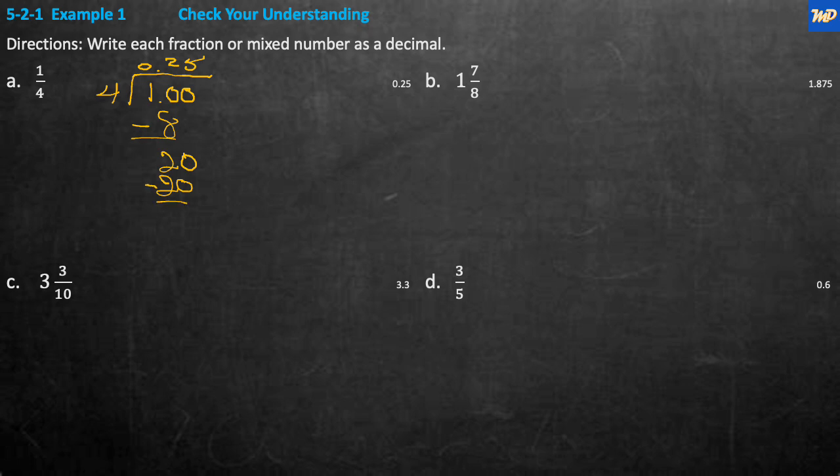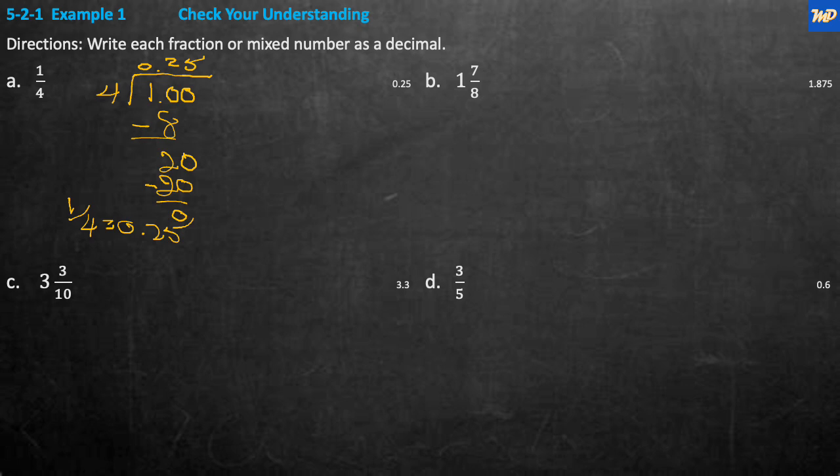We subtract the 20 and we end up with a 0 remainder. Okay, so write each fraction or mixed number as a decimal. So the answer to this is, we could say 1/4 equals 0.25.